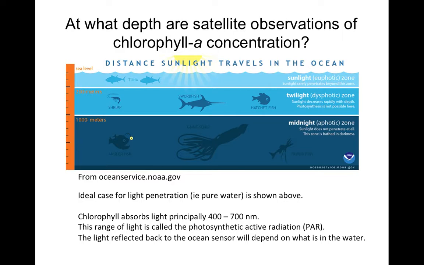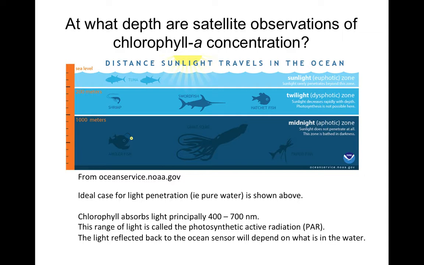Whereas if you're looking at our oligotrophic area, our gyre, our desert that I pointed out in the Pacific, then that signal may actually be coming from 20, 30 or even 60 meters into the water column. That's because there's very little in the water, and therefore the light is penetrating much further. So you have to take this into account when you interpret your data, as the depth of your chlorophyll A concentrations may actually be from different depths, even though you're using the same technique.